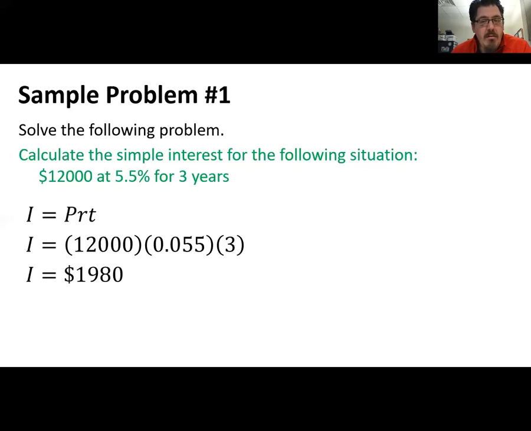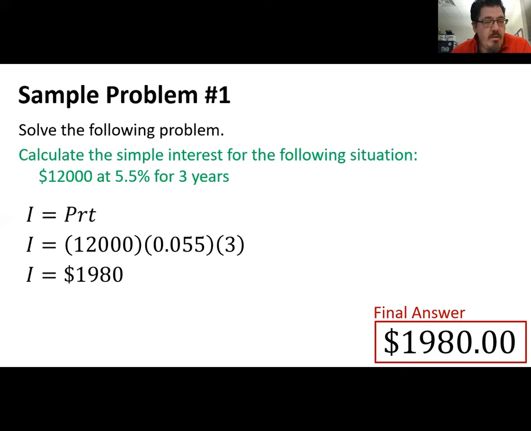And when you do that, you come up with an answer of $1,980. That is the amount of interest that accrues in this situation. All right, $1,980, and that's the answer we are looking for. So there's our first example of using the simple interest formula to calculate interest.